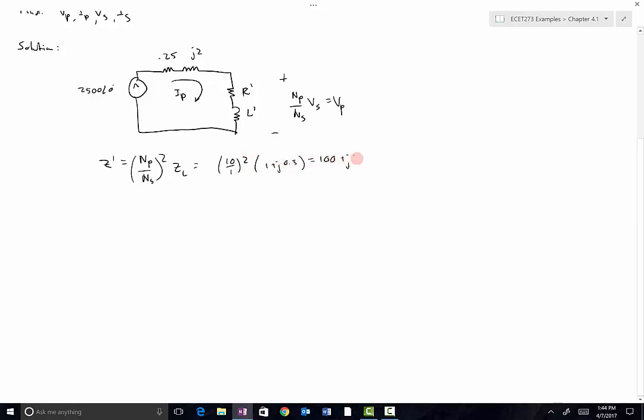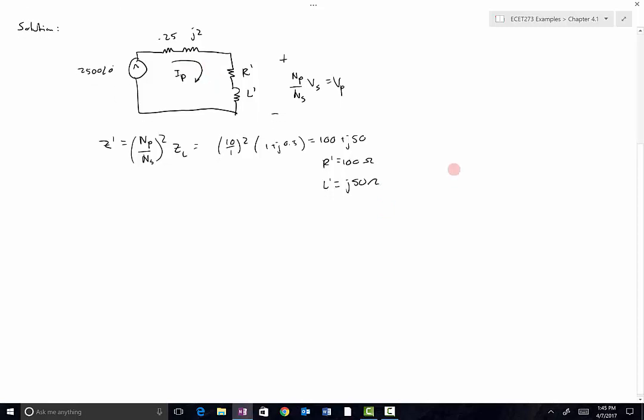That's equal to 100 plus J50, our reflected impedance from the secondary to the primary. So R prime equals 100, and L prime is equal to J50. Those are both in ohms. Now we can apply whatever standard circuit analysis techniques we want to this circuit and solve for the quantities we're interested in.